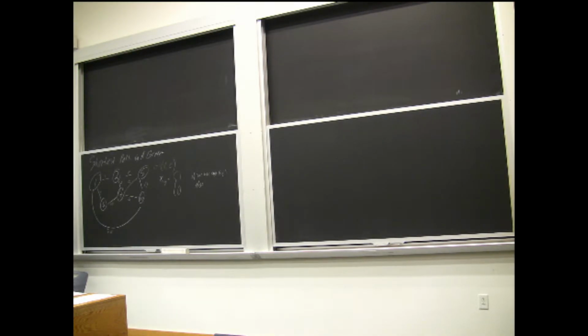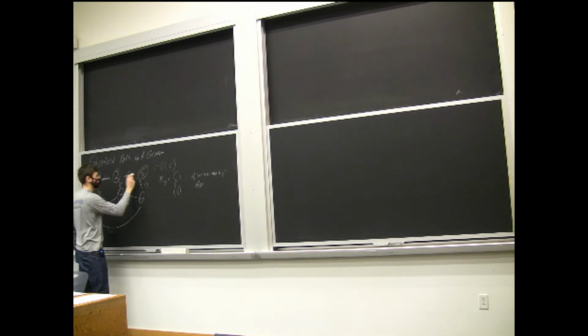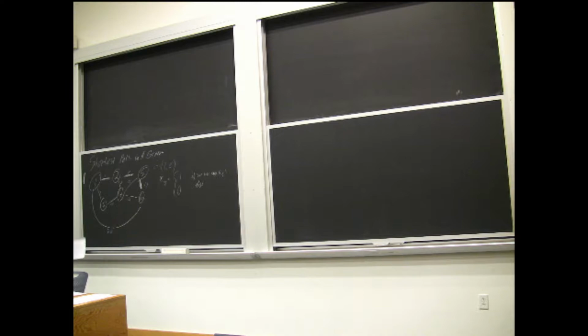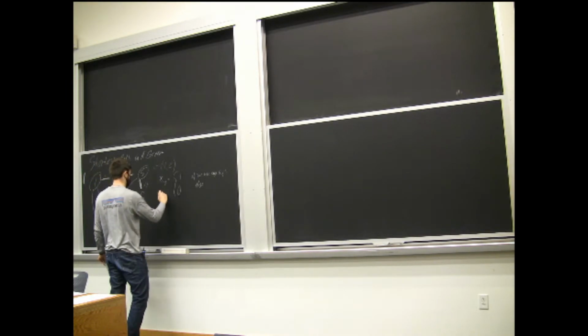So if I were to walk along this edge, that's not yellow. So if I were to use those three edges, I would have that x12 is 1, x25 is 1, and x56 is 1.